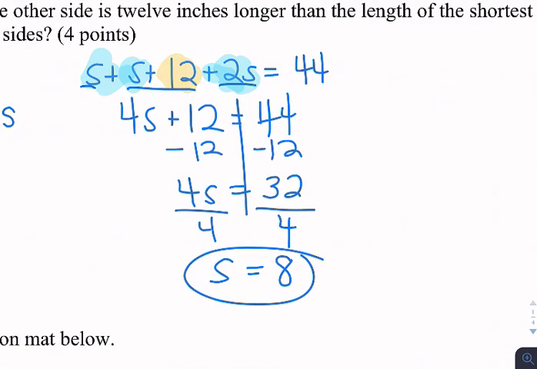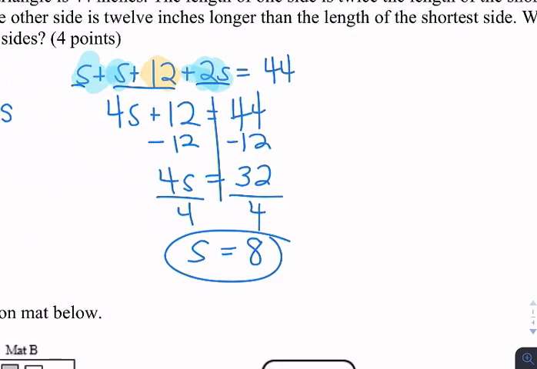I have all 3 of my sides there, and the total is supposed to be 44 inches. So they were supposed to be equal to 44. Now I can combine all of my S's together. I have S plus 2S, so altogether that is 4S, and then I'm adding 12, and that equals 44.